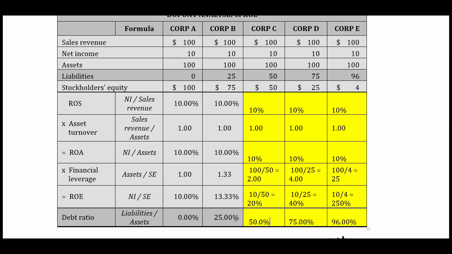So this company here is relatively risk-free. That's why return on equity is so low, because there's very little risk. This company is incredibly risky, and while it might offer a good return on equity if everything goes well, if things don't go well, it may disappear tomorrow. That is the difference.